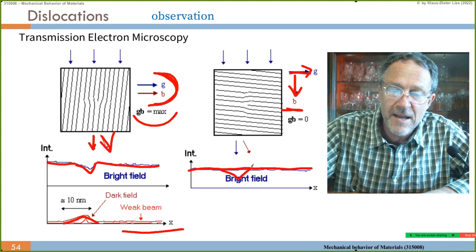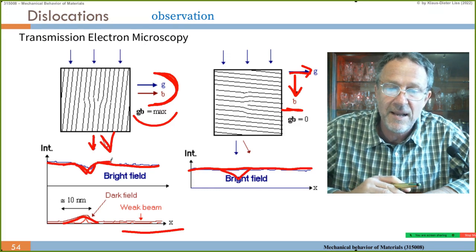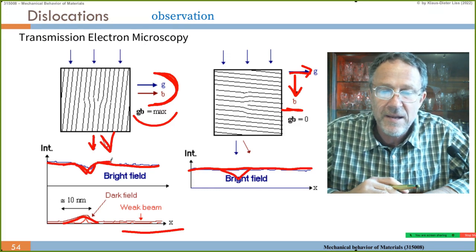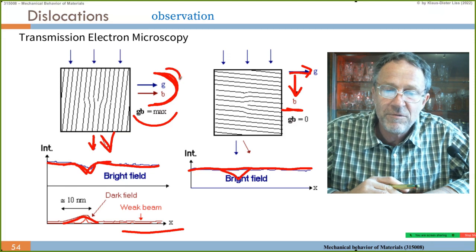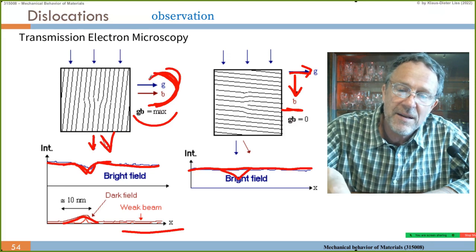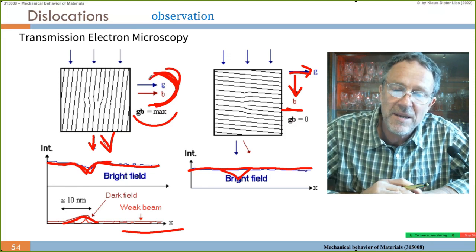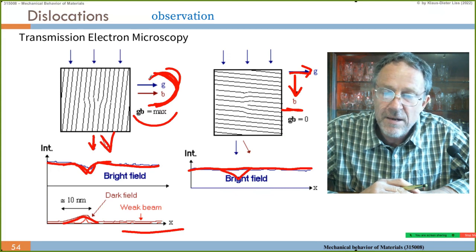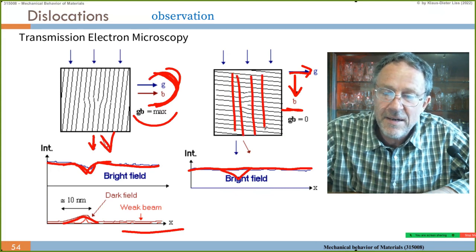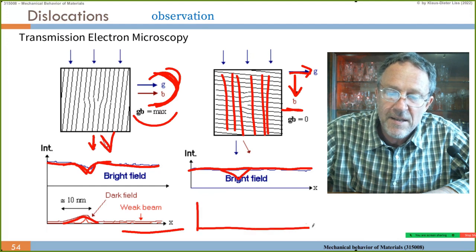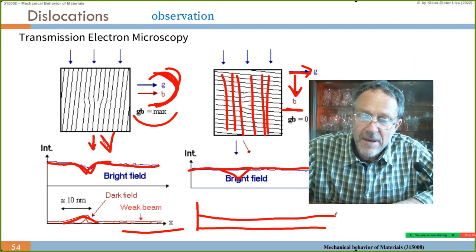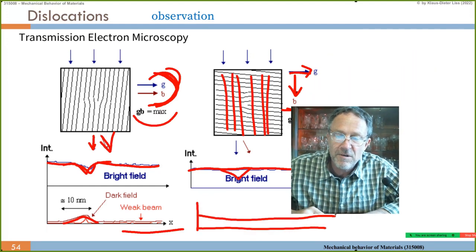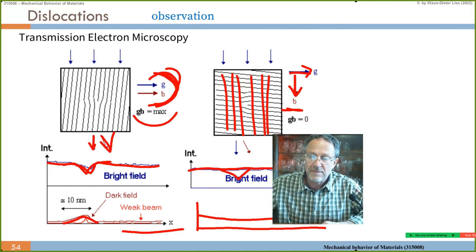We don't get this dip which we observed on the right-hand side, where the two vectors are parallel and g dot b is maximum. Also in the bright field there would be other lattice planes in this direction, and that would give another bright field, with just a constant intensity as well.